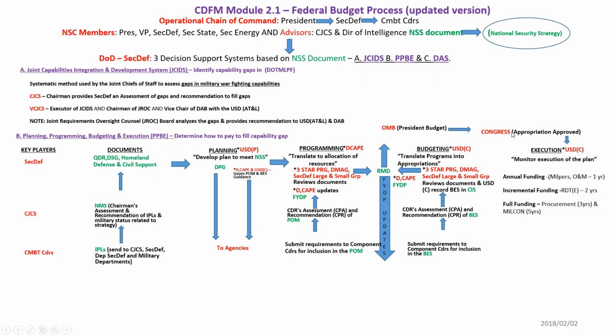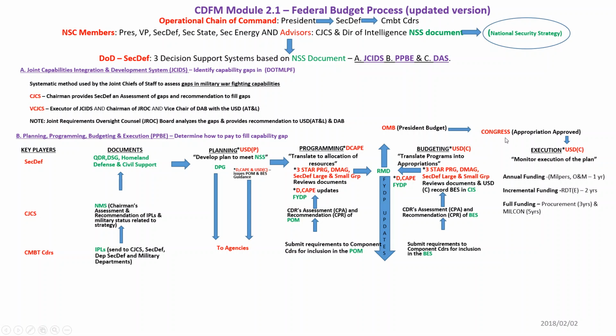Once the concurrent budget resolution, which does not go to the president for signature, is settled, then the second phase of congressional action is the authorization process. So let me go back one. The concurrent budget resolution, not on the slide here, so I'm just using the slide as a means, the same way you will do to help you with your studies, is you've got to fill in the gap.